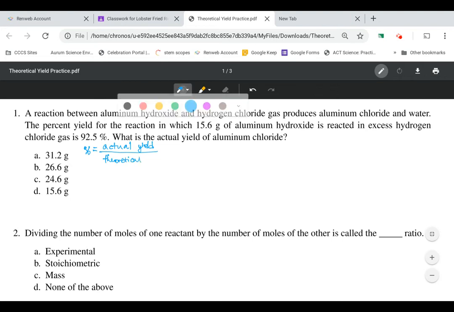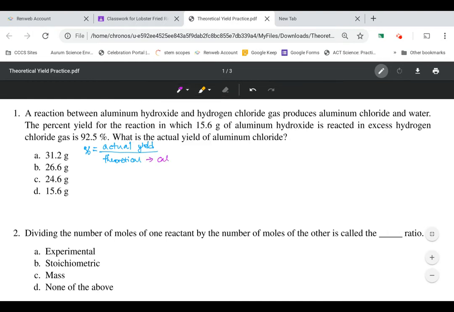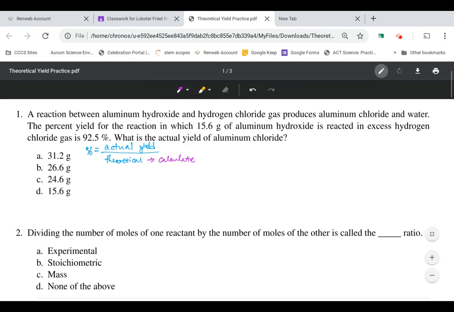So theoretical is the one that we find, that we calculate, and the actual is the one that's given to us. Or here we have to calculate, here, calculate from equation.